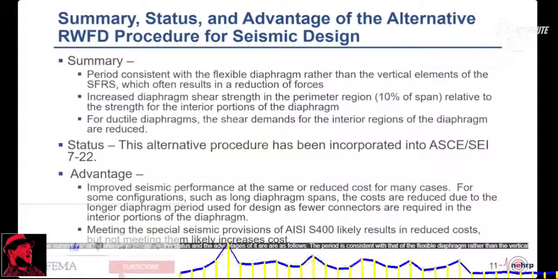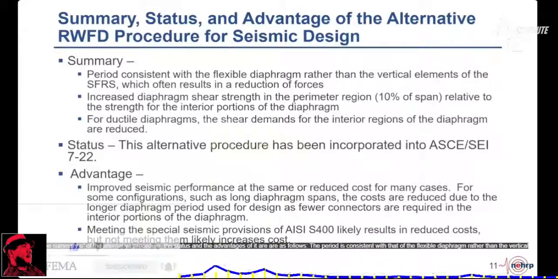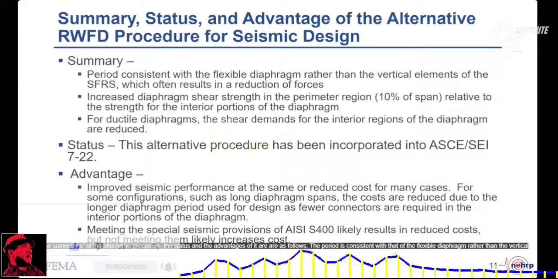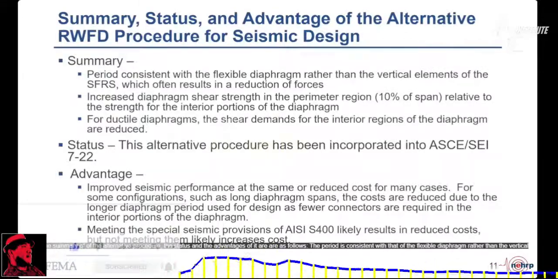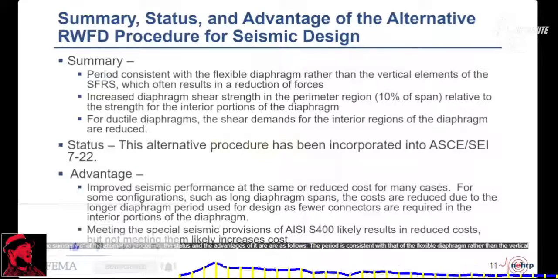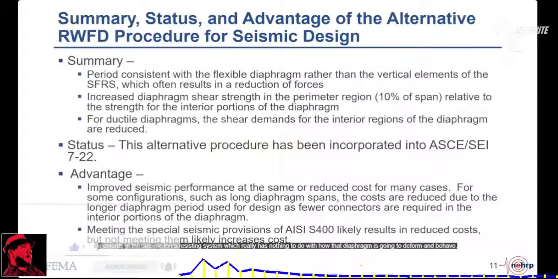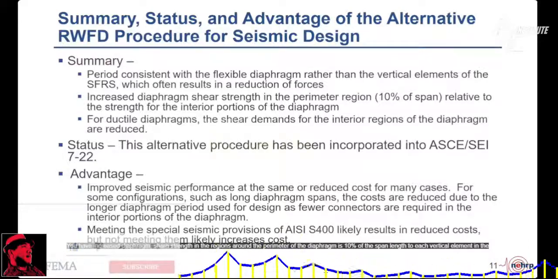So a summary of the alternative procedure, the status and the advantages of it, are as follows. The period is consistent with that of the flexible diaphragm rather than the vertical elements of the seismic force resisting system, which really has nothing to do with how that diaphragm is going to deform and behave. You have increased diaphragm shear strength in the regions around the perimeter of the diaphragm.